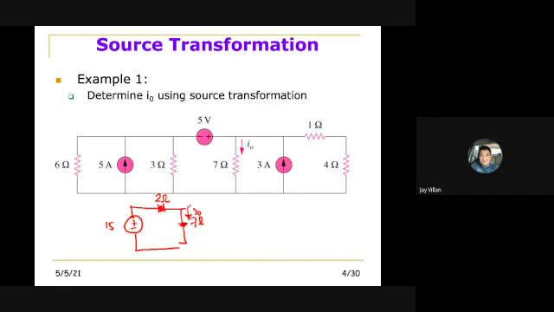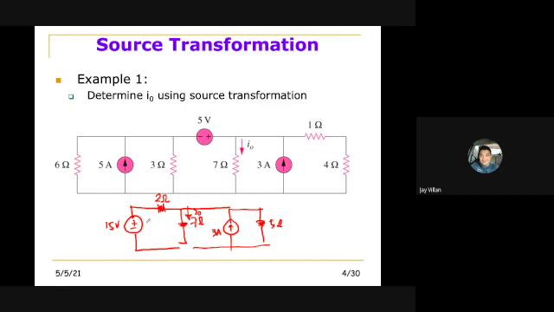Then here we have our 3 ohm and 3 ampere, and then we have 5 ohm here. Okay? So notice that we can still convert this 15-volt source and 2 ohm into a current source, since they are connected in series.